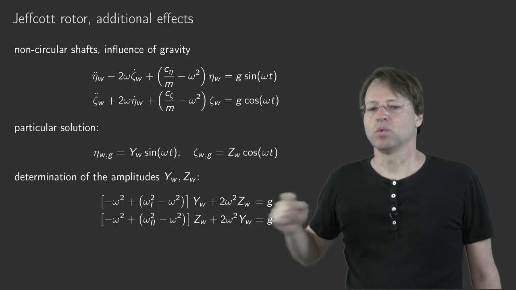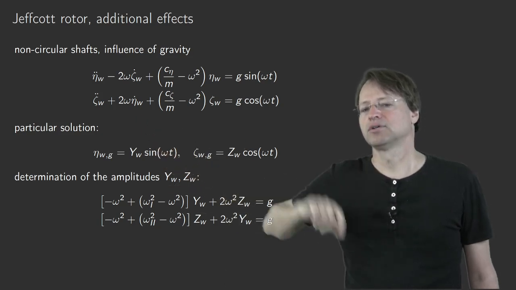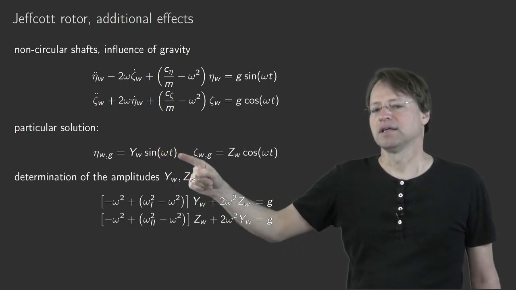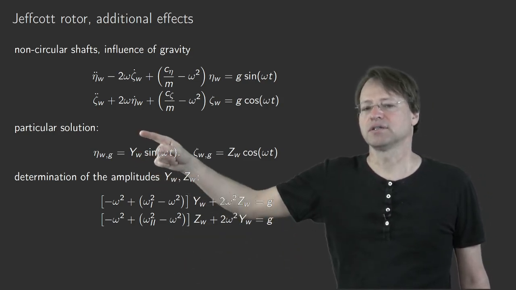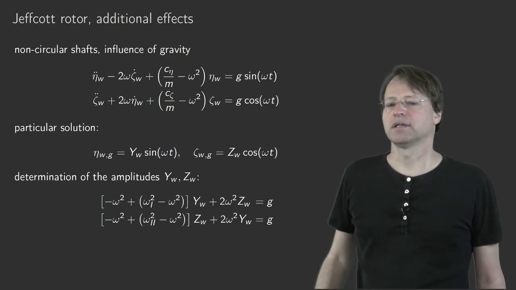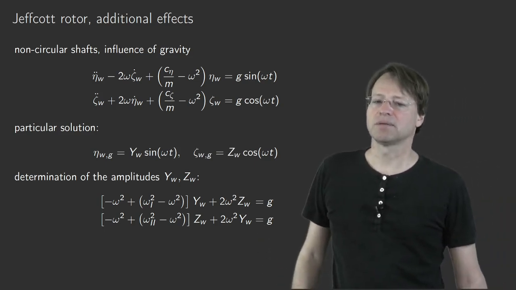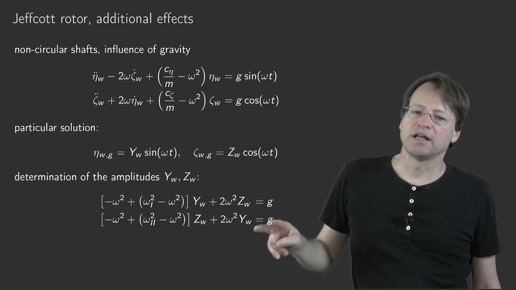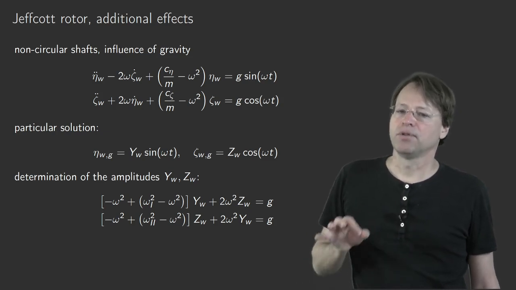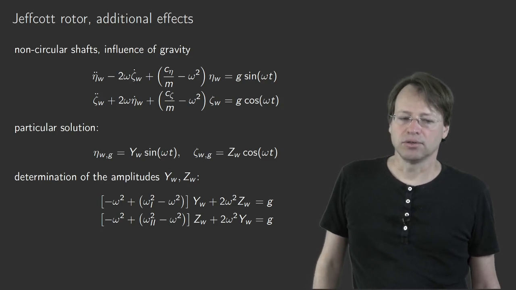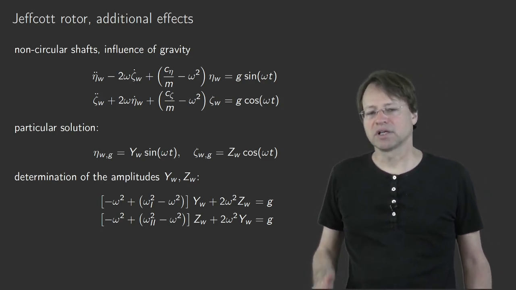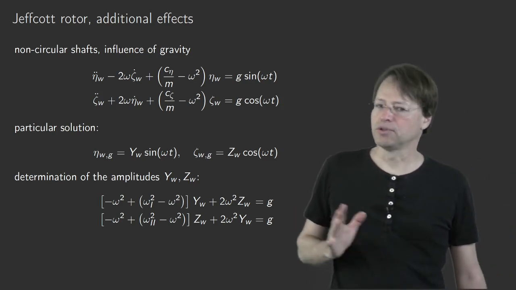And for the term in Y sub w, we have to refer to the first order derivative, and the first order derivative of the sine function is then the cosine function, and there is a 2 omega squared then multiplied by Y sub w. So these are the algebraic equations for the particular solution. We are dealing here with the particular solution, not with the classical eigenvalue problem of a homogeneous solution.